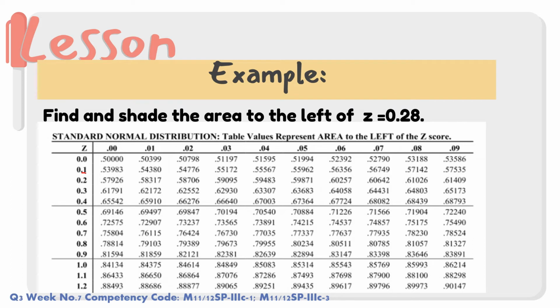Then on the first row, we're going to locate the third digit, which is 0.08. Then the intersection of these two is now the area. Therefore, the area of this is equal to 0.6103.